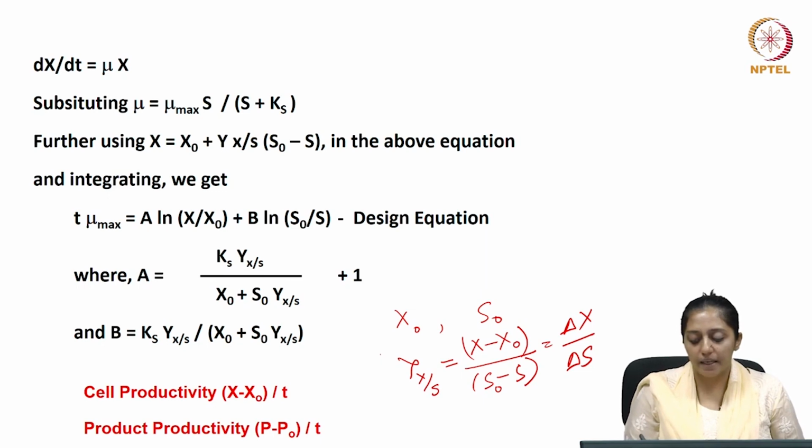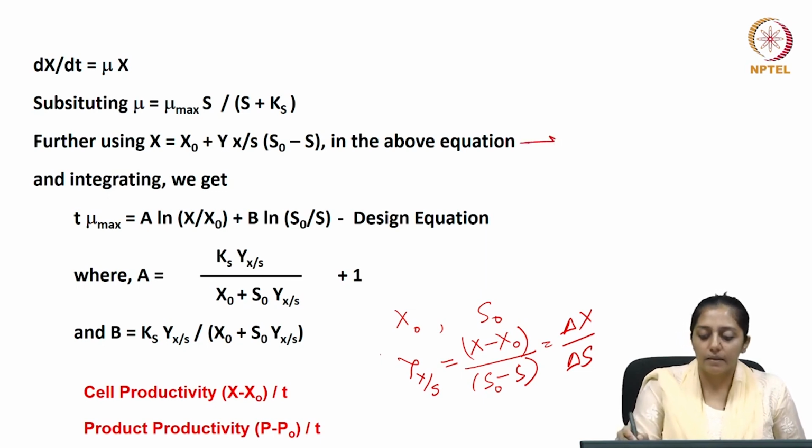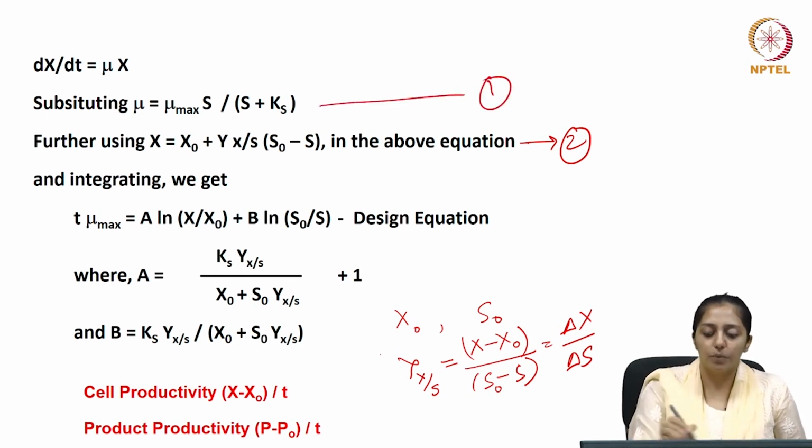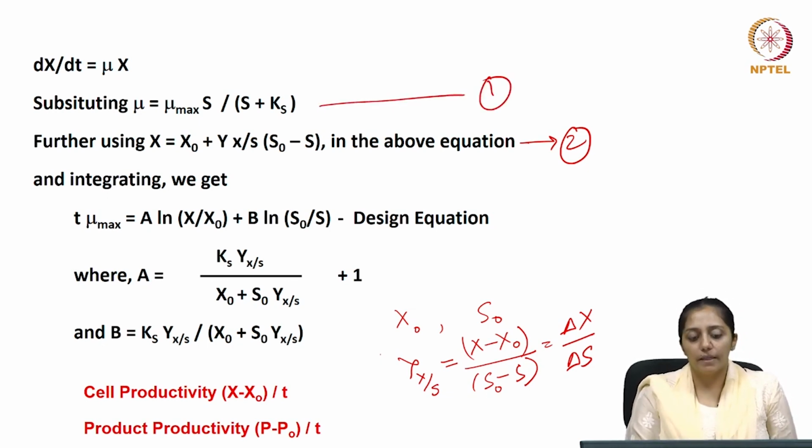So, Y x by S can be written in the form of this equation. So, now we have two equations which are correlating two variables, the x and the S.